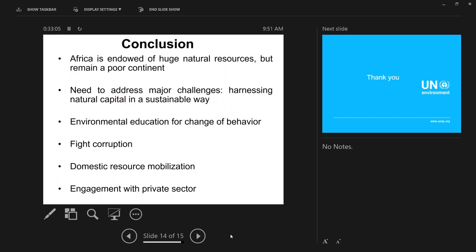So I just wanted to share this information about this convention, as it is related to what we are discussing today. Pollution is an issue in Africa in all forms, be it air pollution, water pollution, or soil pollution. It is a major challenge in Africa. I thank you for your attention.